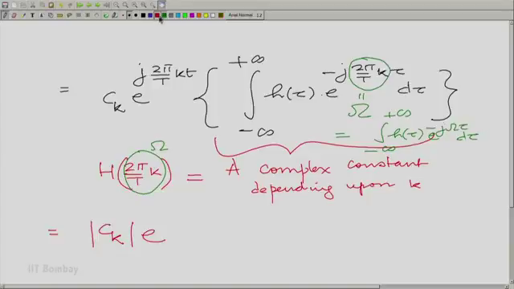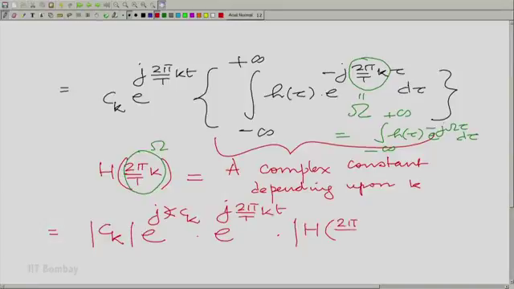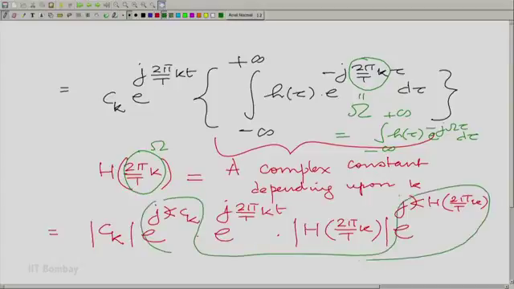So, now coming back to this expression here, you have |c_k| e^(j angle of c_k) times e^(j 2π/T · kt) times |H(2π/T · k)| e^(j angle of H), the same thing. So, you notice that these angles add, and magnitudes multiply.